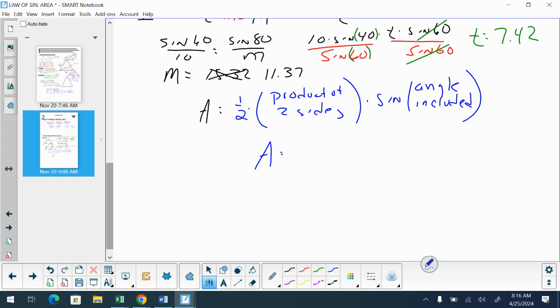Once again, I give you the angle to use. You have to multiply the product of the two sides that basically form that angle.